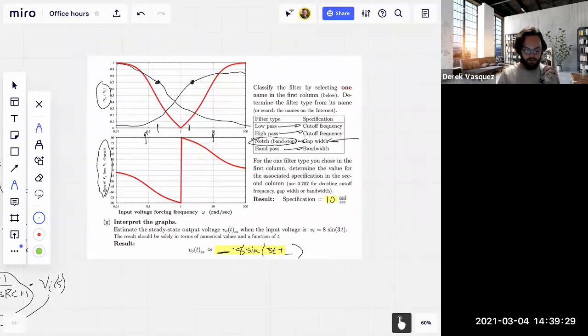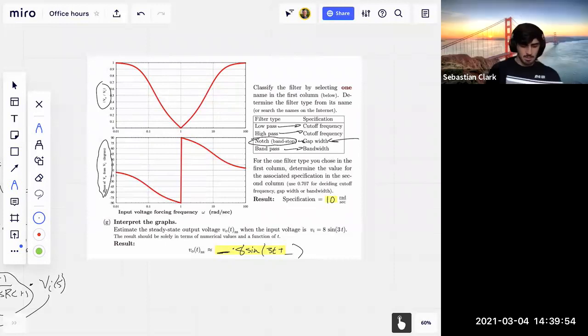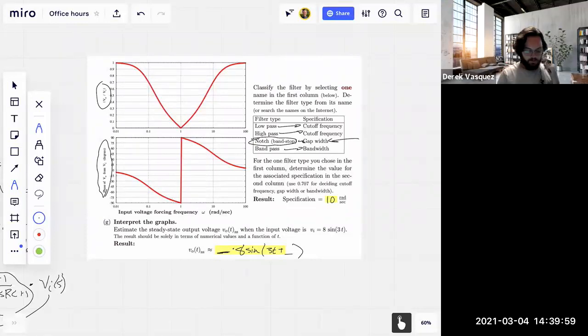So when our frequency is 3, what's our magnitude ratio? So 3 on our log plot.